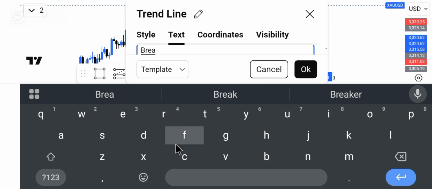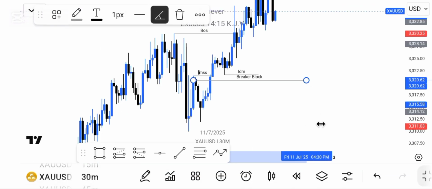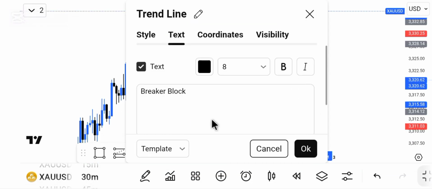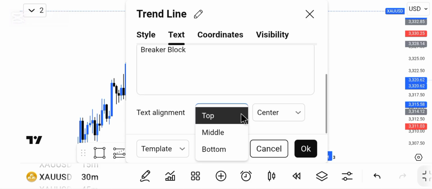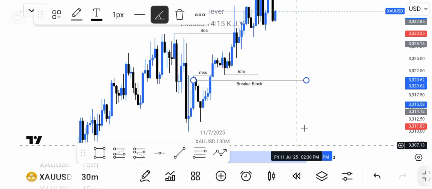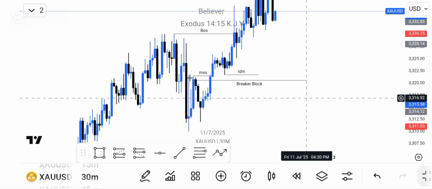Breakout block. All right. No, I'll put it on the bottom. Okay, so that's my breakout block there.